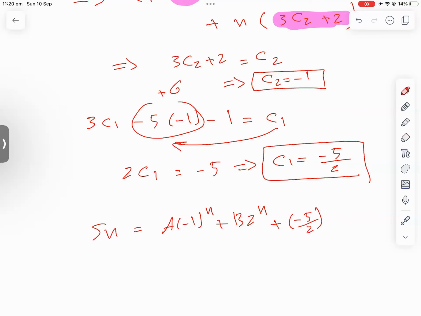So let me rewrite this, minus n. So now everything is right, I think.